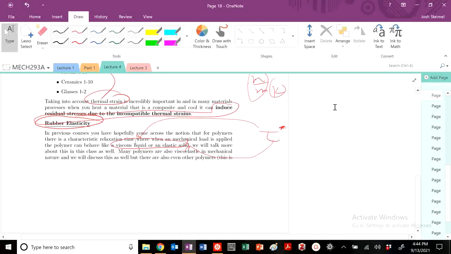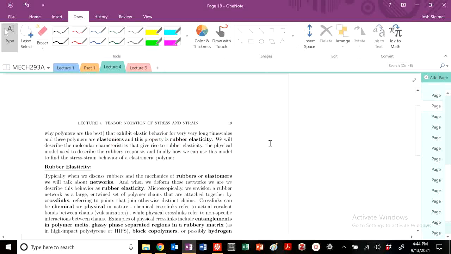Now, polymers also have some other very unique properties. Some of this time scale behavior, polymers can behave like elastomers. And these elastomers can give rise to this kind of rubber elasticity.